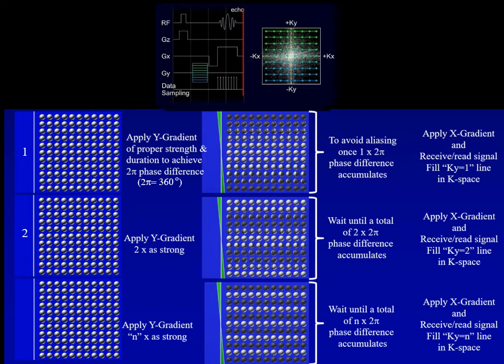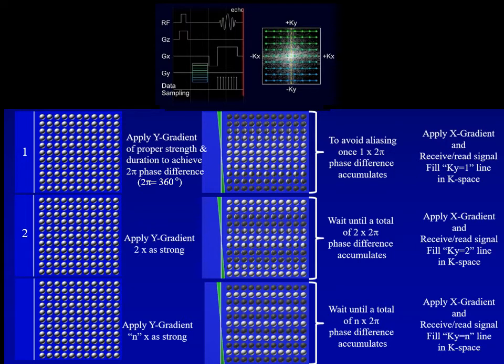Next, we go to step 2, which is the next row of images. This time, as we move from left to right, we apply a y gradient which is twice as strong, and we wait until there are 2 complete revolutions difference between the bottom row and the top row. Once again, we apply the x gradient, read and receive the signal, and fill the next line in k-space.